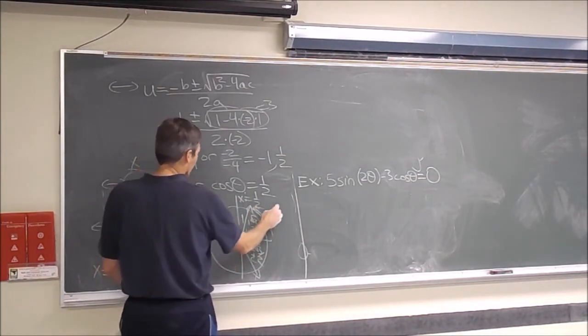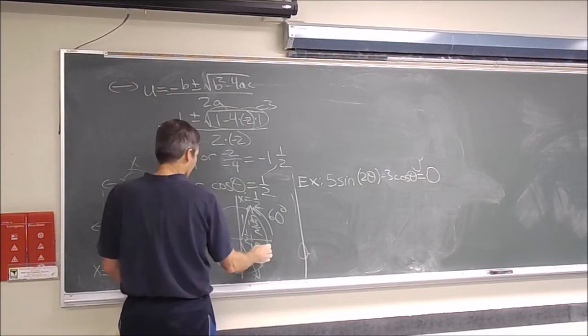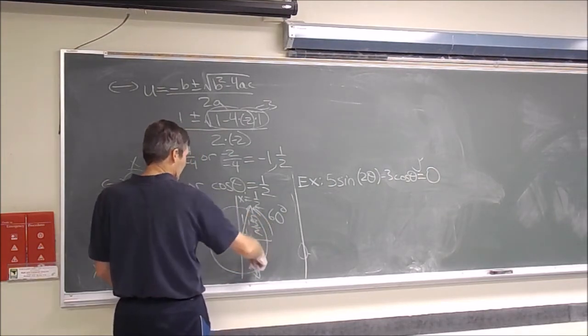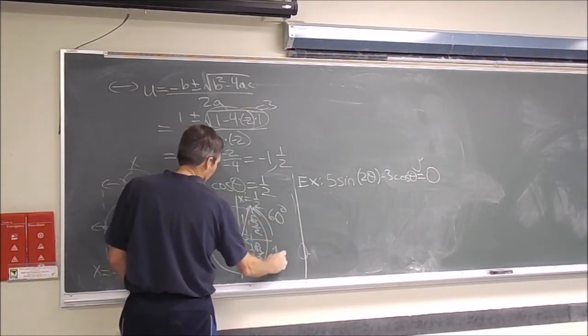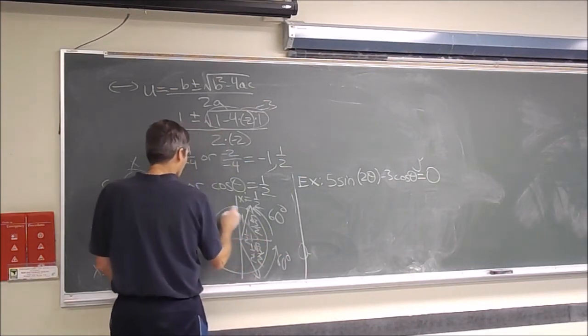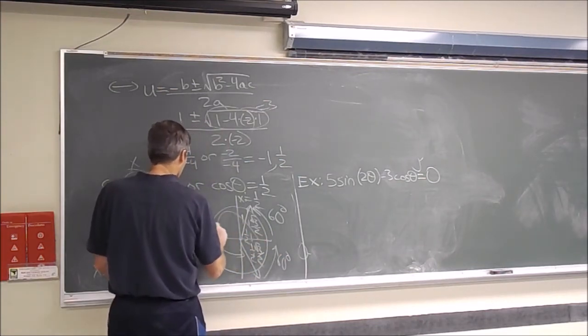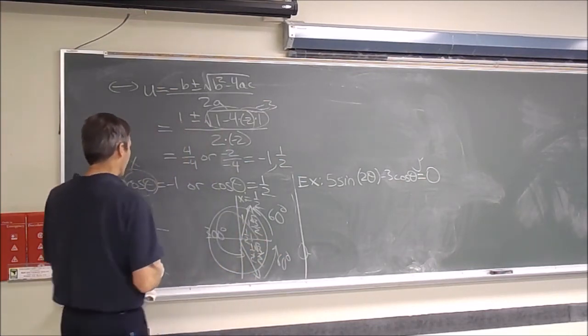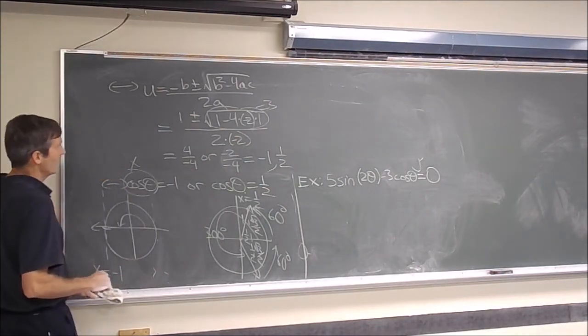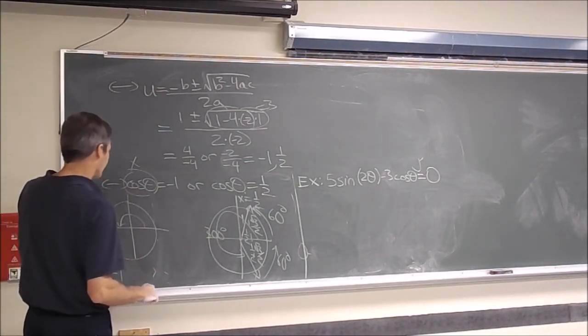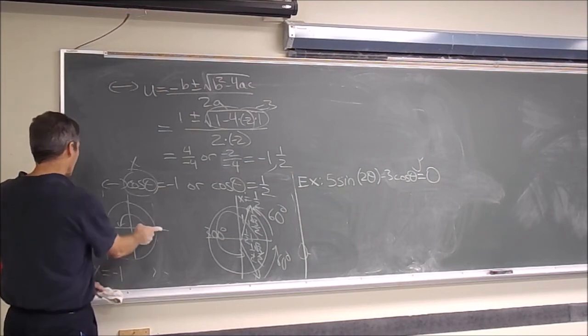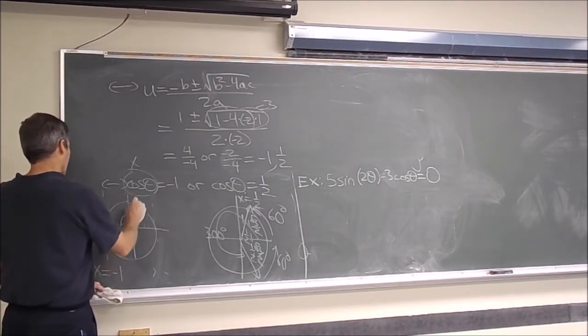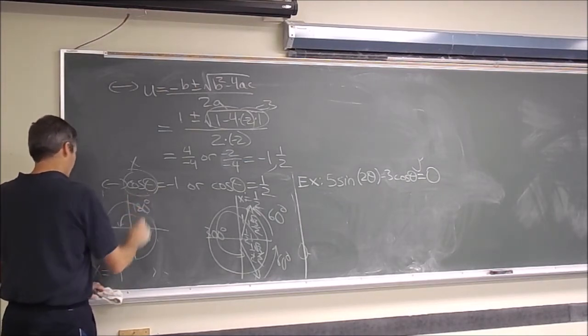Let's solve this one in degrees. Let's say that's 60 degrees. Then this one is 360 back up 60. By symmetry, this also has to be 60 degrees. So there's two solutions, 60 degrees or 300 degrees. And then this one here is 180 degrees.